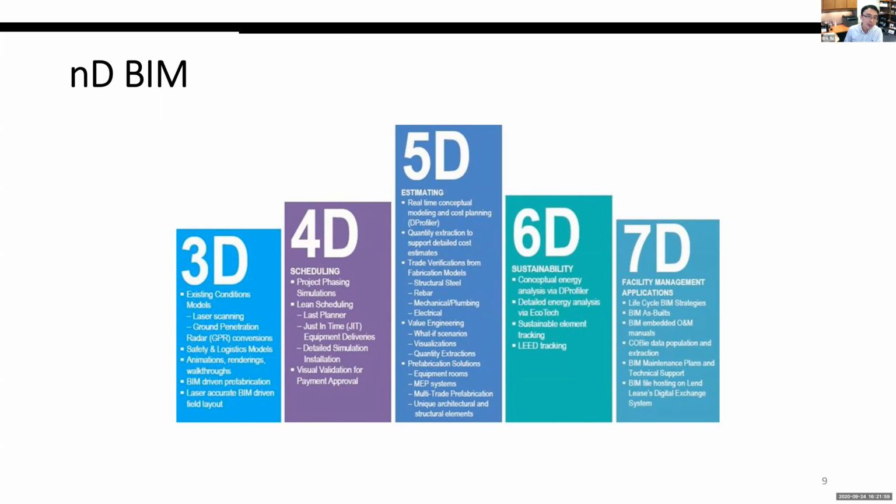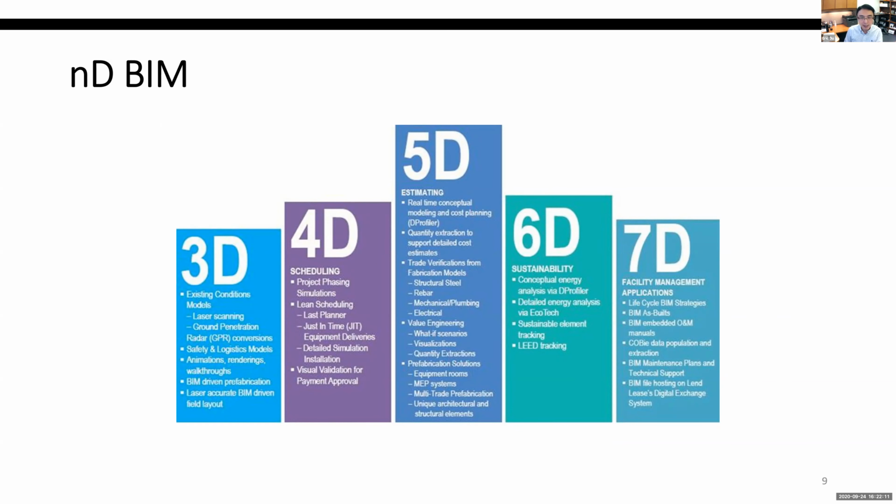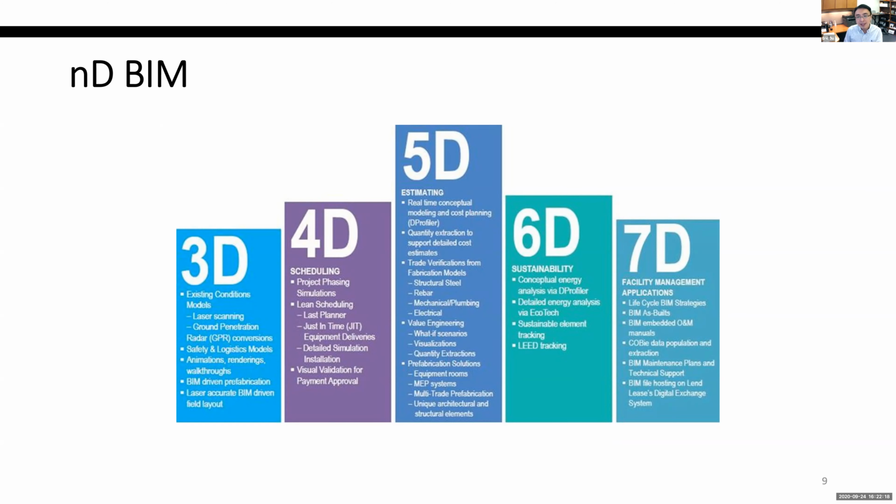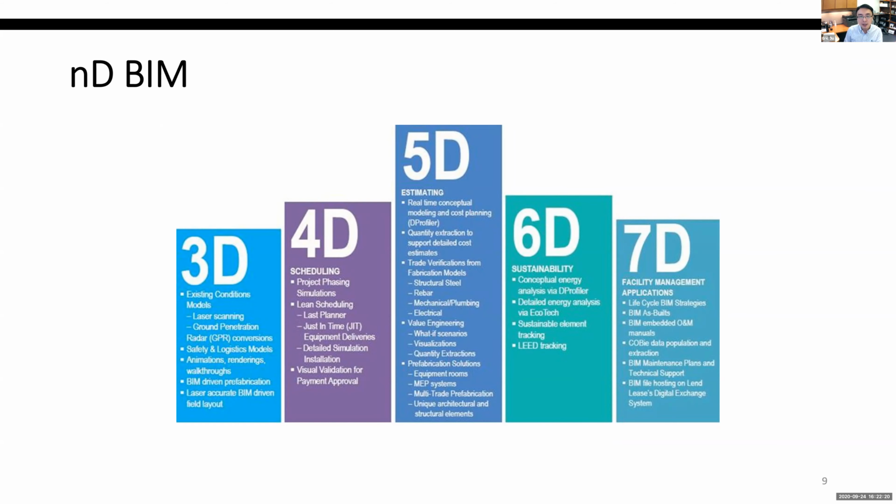And the 5D BIM is adding cost information in addition to 4D. So let's say if you open an object, you will be able to see the unit price of that, the labor cost of that, the material cost of that, and also the quantity of that. So that's a 5D BIM application. 6D means on top of 5D, we also add sustainability information, such as the energy consumption.